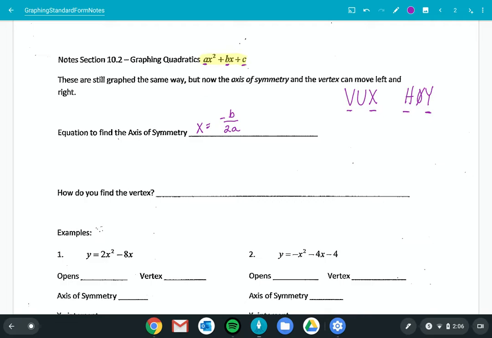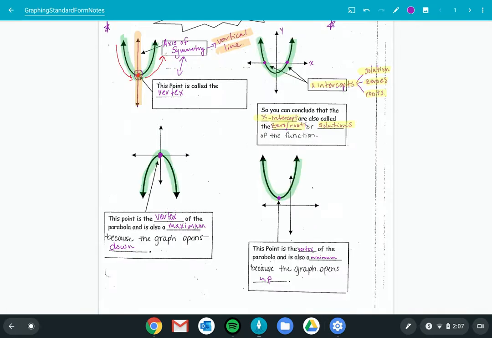Or something else that's a little bit easier is understanding the axis of symmetry, if it's a vertical line, always touches the vertex. And one thing I know we've talked about in my classes, vertical lines, what makes them special is that all of the points on a vertical line have the exact same x value, which is why they're x equals equations.